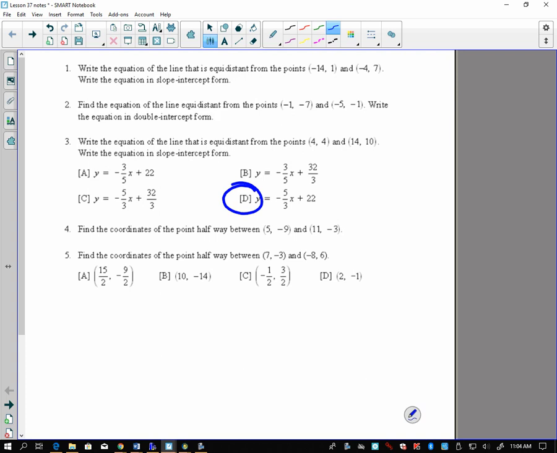Just real quick, what is the midpoint formula? x1 plus x2, over 2, right?